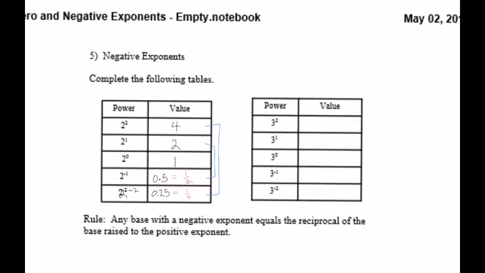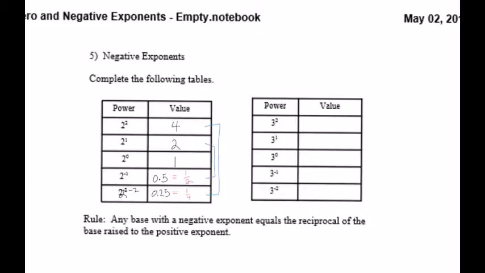So the key idea is that when you have a negative exponent, all you have to do is calculate the positive exponent first. If I had 3 to the negative 3, I would figure out what 3 to the 3 is, which is 27. And then to get the negative exponent, you write 1/27.